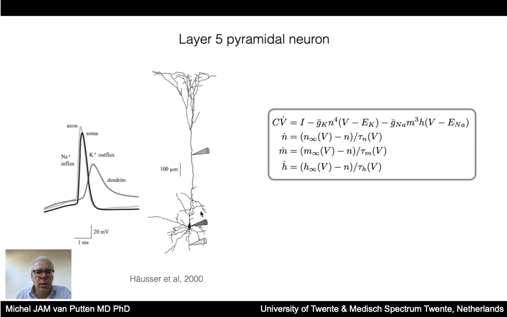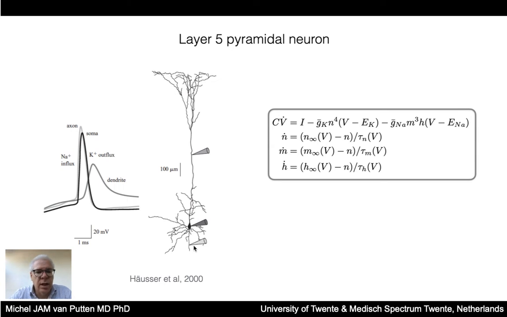Let's assume that we perform some measurements indicated here with these electrodes, which we can perform at the dendrite or at the soma or in the axons. And we learned thus far that this will allow us to record action potentials if the neuron is sufficiently active.